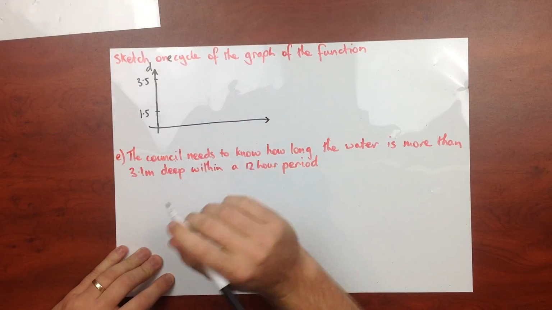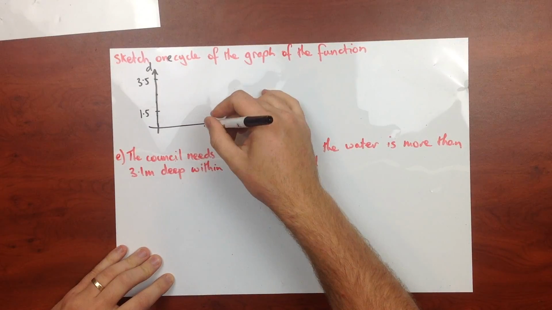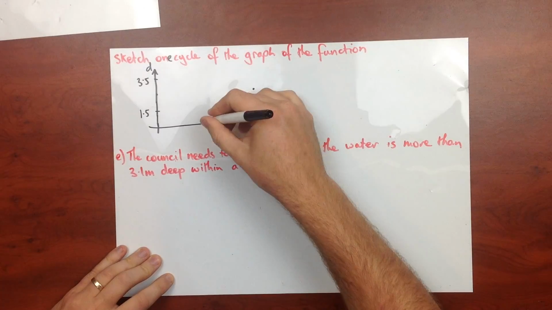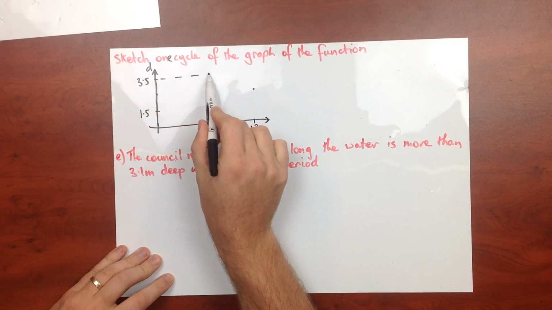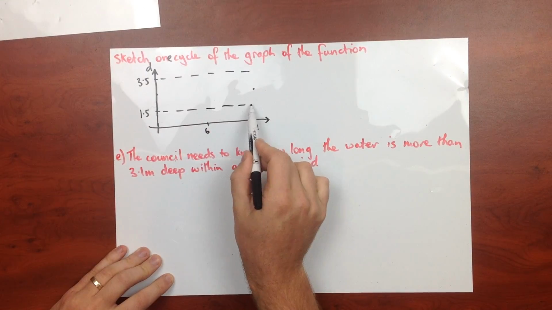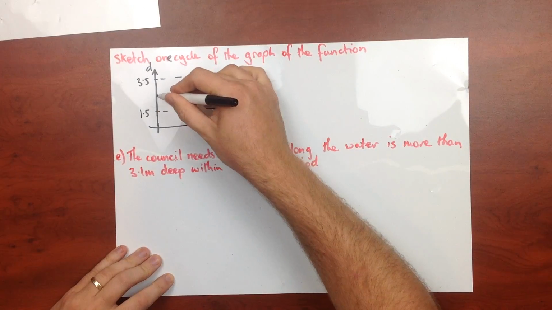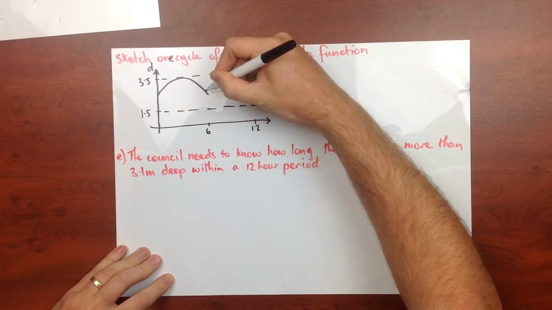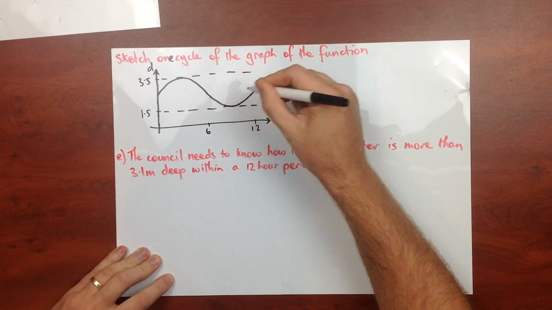We've got a sine function here, so we know we're going to start at our midpoint and come up. We also know that we've got a 12-hour period. 6 is also a good spot to put in there. It can be really handy to give yourself some little guidelines to help you draw it, which we can rub out afterwards. So I'm going to start at this midpoint, come up, down through that midpoint, and back up.